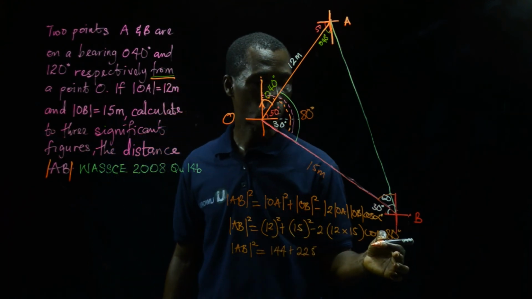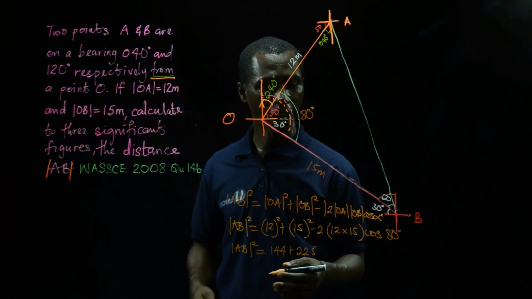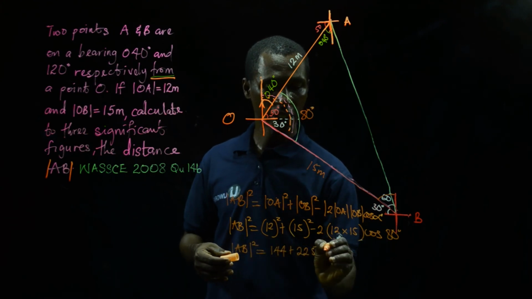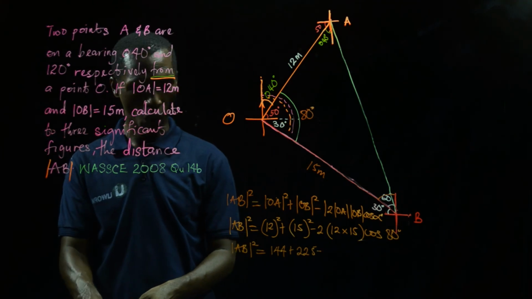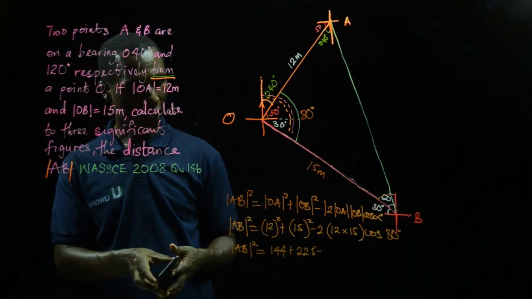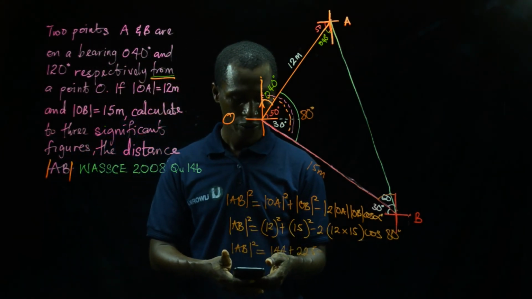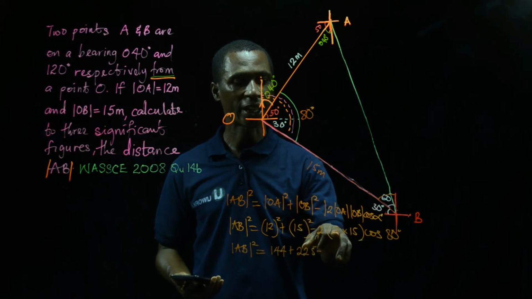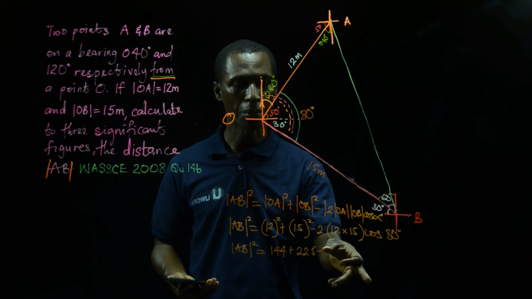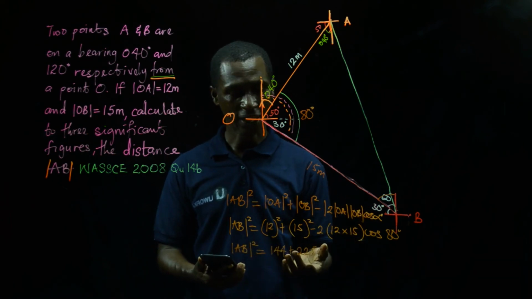Now this one is a product, so I prefer you work all together. If you want to take it one by one so that you are showing working, you just take your calculator, then you punch 2 into bracket, 12 times 15, you close the bracket, cos 80.